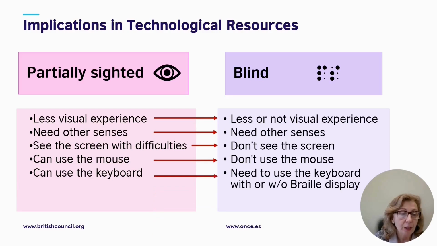The partially sighted student can use the keyboard or the mouse, but the blind student needs to use the keyboard with or without a Braille display. But as they can't use the mouse, the keyboard is the only way to reach the computer. So these are very, very important things to think about when we want to assess the accessibility of our resources.